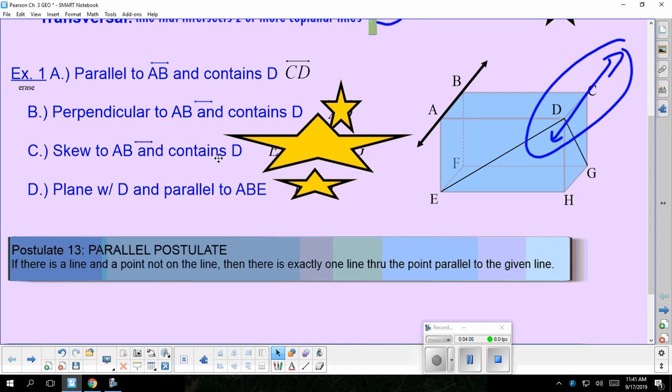Perpendicular to AB that contains D. You could use DC as well. DC will define the same line. Make sure we're careful with our hat stuff. So this guy right here is going to be perpendicular to AB. So we have AD. And then let me erase some of these.